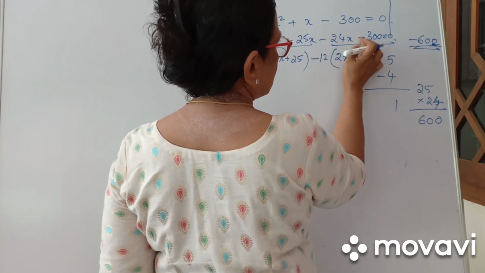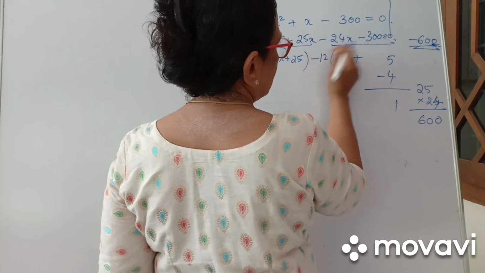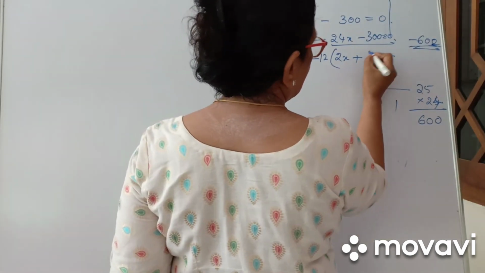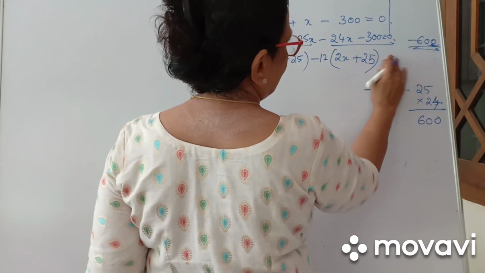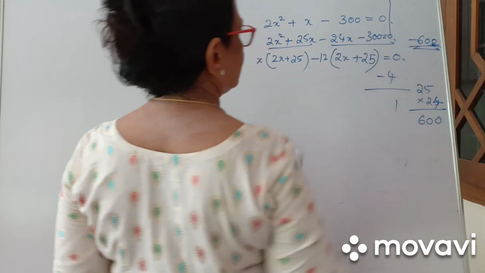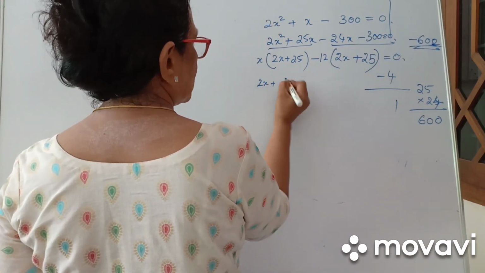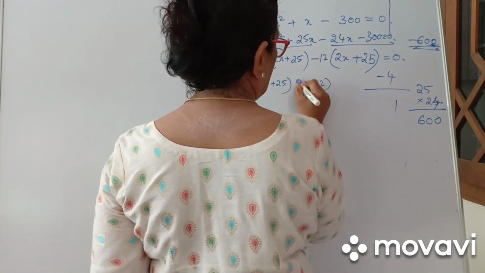Why plus sign? Because see, this is minus sign. Once you take it out, you are left here with no sign. That means it's a positive sign. What is left here? 24, 60, 12 5s are 60. Okay, equal to 0. See, same terms. So you have 2x plus 25 into x minus 12 equal to 0.